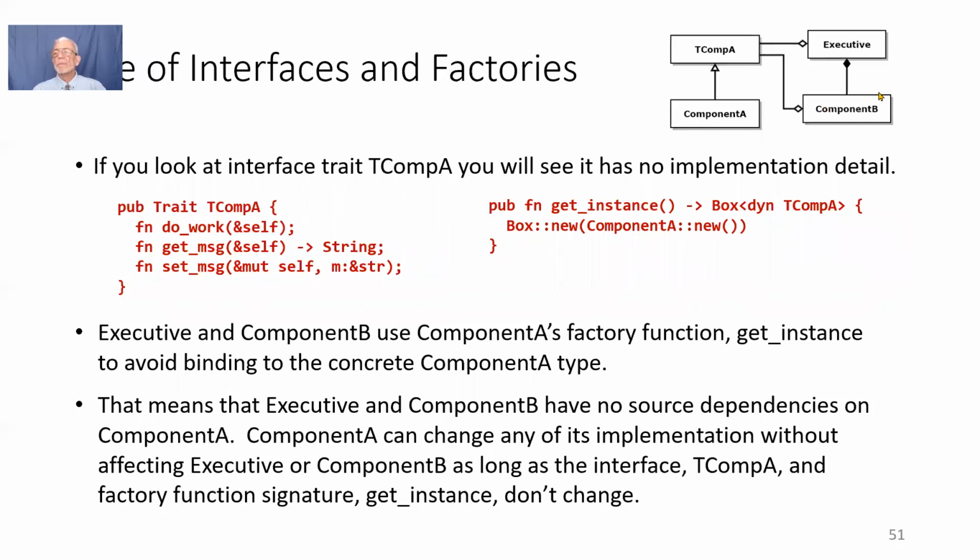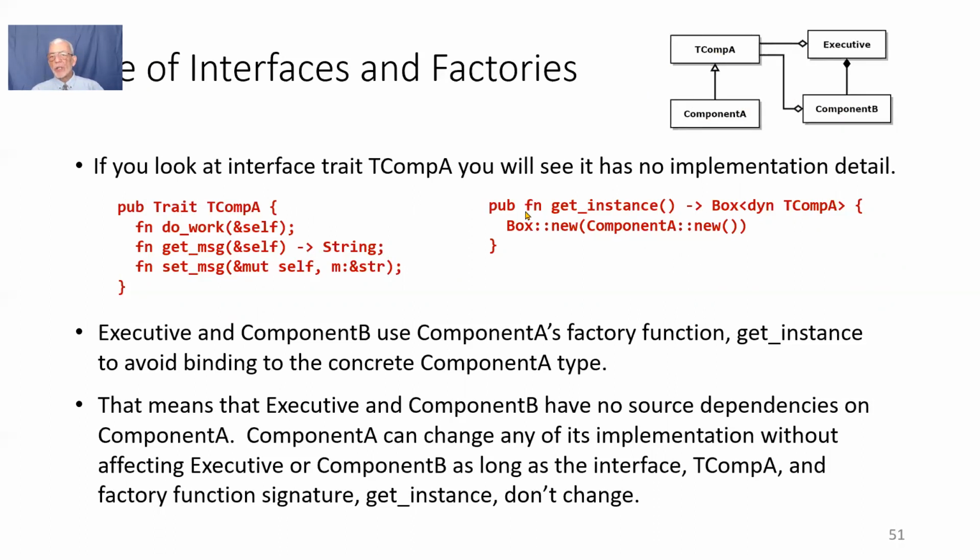If you go to the repositories where I have all this demo code, the Rust models repository, you'll find an implementation of this, and it just has the trait with these functions. So this is the interface. This is the contract that this component is making to the executive and component B.